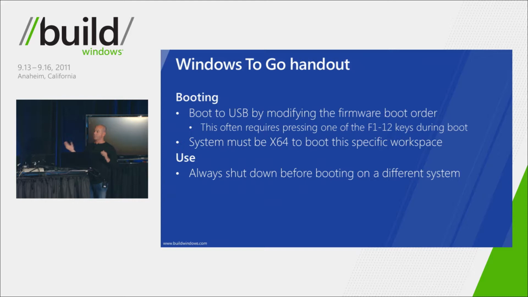And the last thing is about shutdown. Definitely, you want to shut down if you're going to roam to another machine. Of course, you can yank the drive out if you're done with it, but I wouldn't advise that as the way you do it on a normal basis, especially if you're going to boot up on another machine.